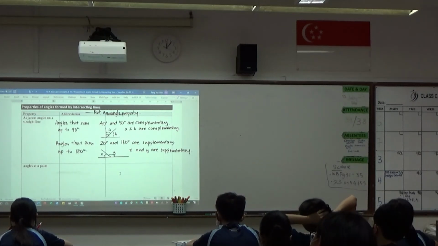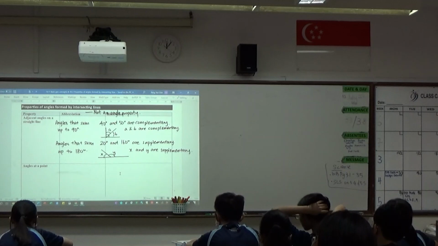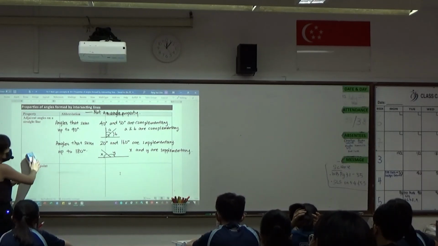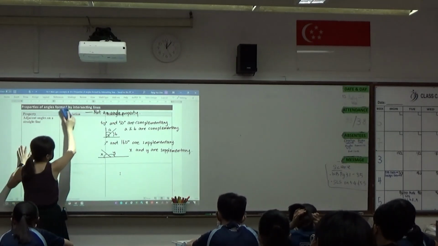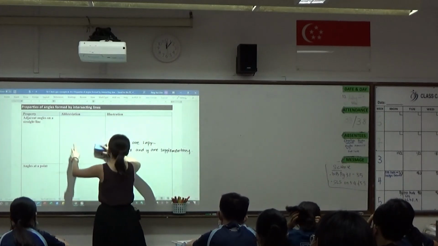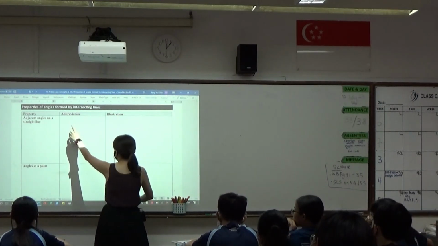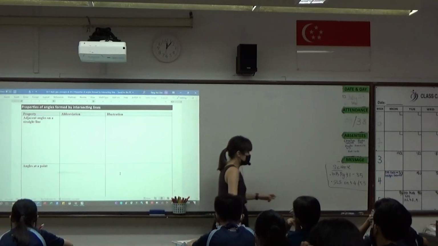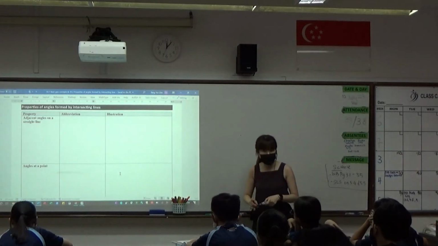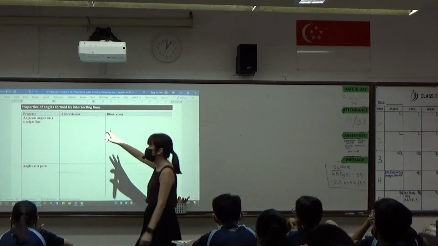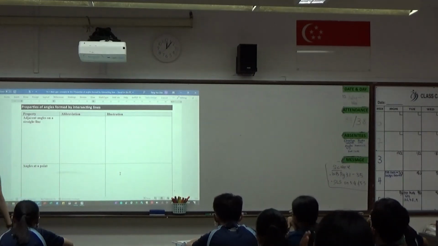That's fine, and that's only in primary school. At secondary school level, explanations are required. In my notes on this page, you notice there is a column that says abbreviation. Abbreviation means short form. So there is a short form that we will use for the different properties.